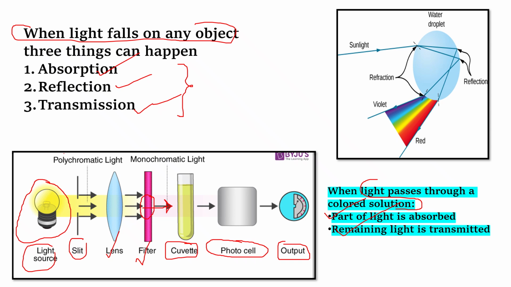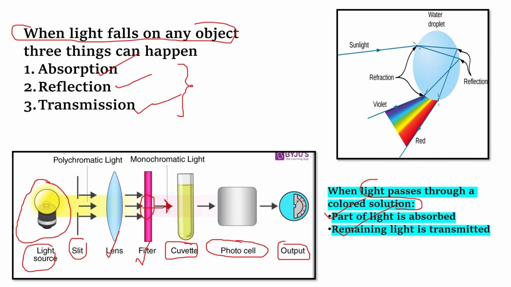So these are the typical components, or the parts, of the colorimeter. First, a light source will emit light of the visible range. It passes through the slit, the lens will focus that light, and through the filter the monochromatic light will be selected. It will fall on the cuvette. The photocell is going to read the absorbed light and the transmitted light, and the output will be given.